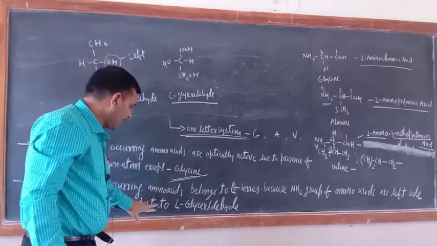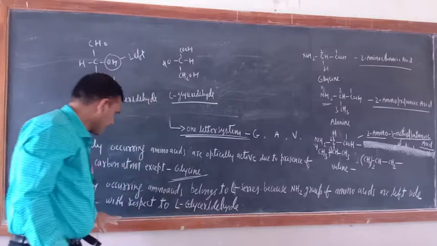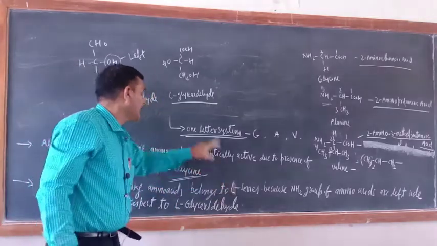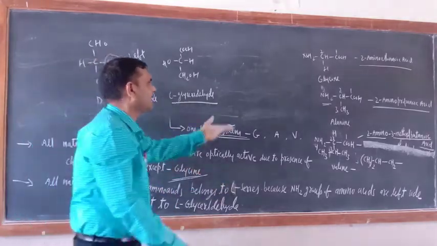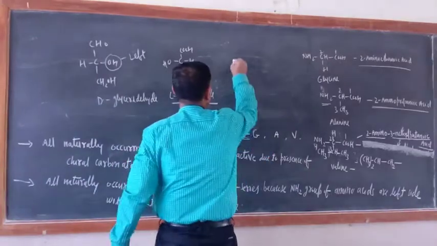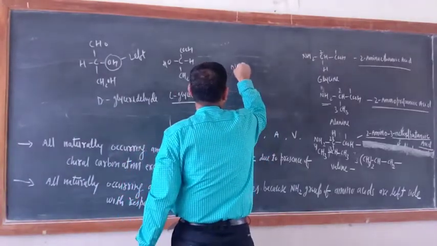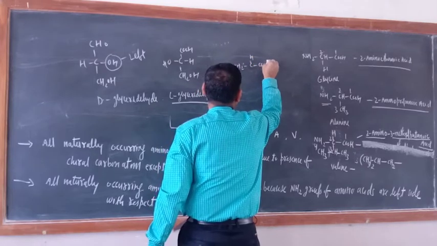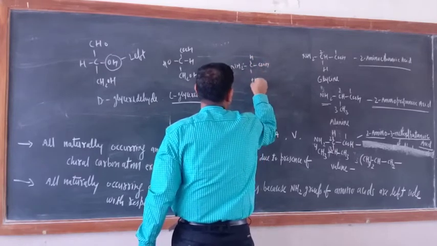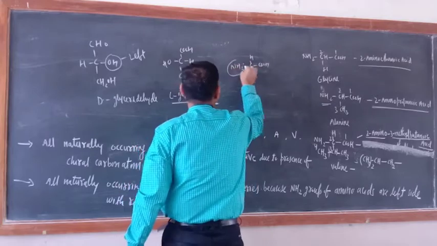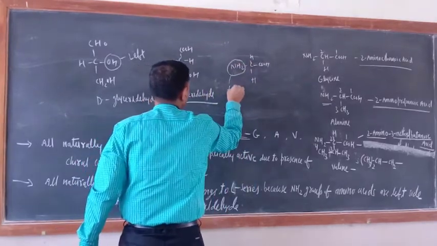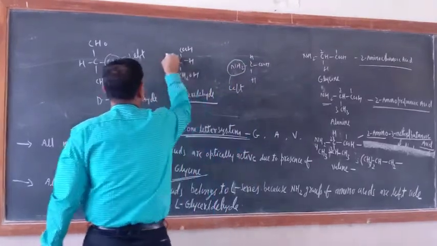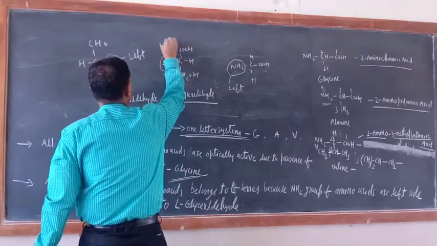That is why all belong to the L series. Let us take one amino acid: NH2, CH, here COOH, and here H. NH2 is on the left side or not? This is the left side, and its OH is also on the left side.